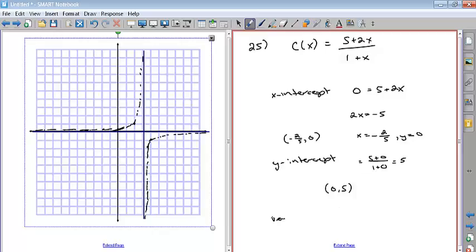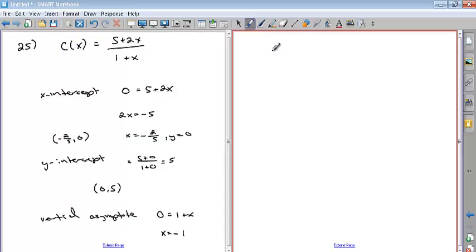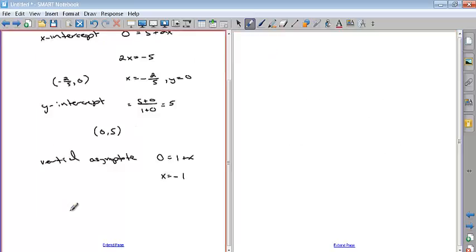You have your vertical asymptote. That's where the value of x makes the denominator go to 0, which in this case is x equals negative 1. And let me just continue on this so I can finish it. So then you have a horizontal asymptote.